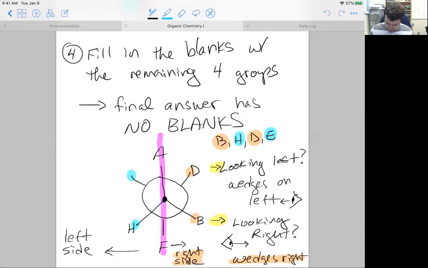And then conversely, E is going to be attached to that line that stops at the circle, implying that it's connected to the circle. So that's an example of drawing a Newman projection from a seesaw structure, which is something that you'll be asked to do on the exam.